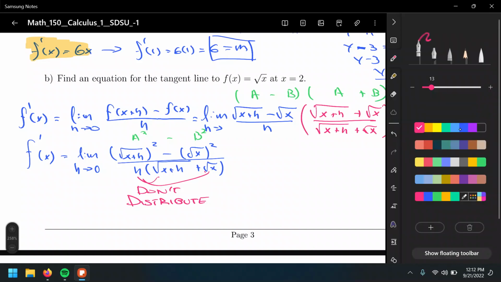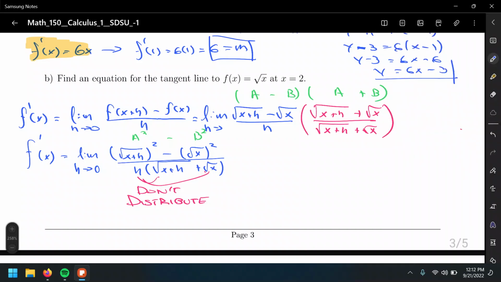So number one, cancel the square with the radical. We get limit of x plus h minus, cancel the other radical with the square on the second term, that is x, over h times the square root of x plus h plus root of x as h approaches 0.